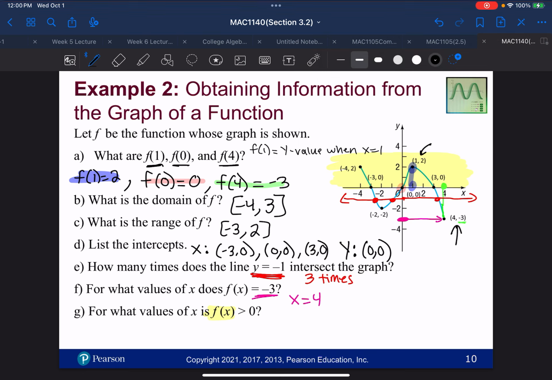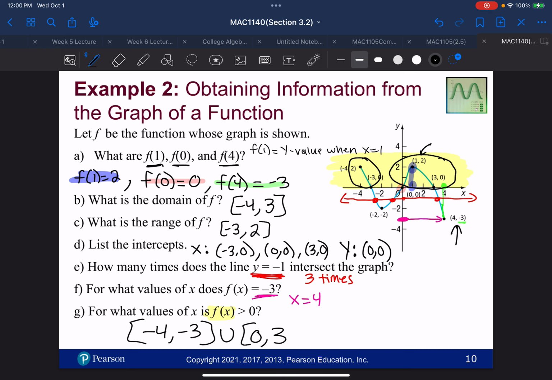Well, we have this part of our graph that's above 0, and those x values are from -4 to -3. And then it's also above 0 right here on my graph, and that starts at x is 0 and ends at 3.